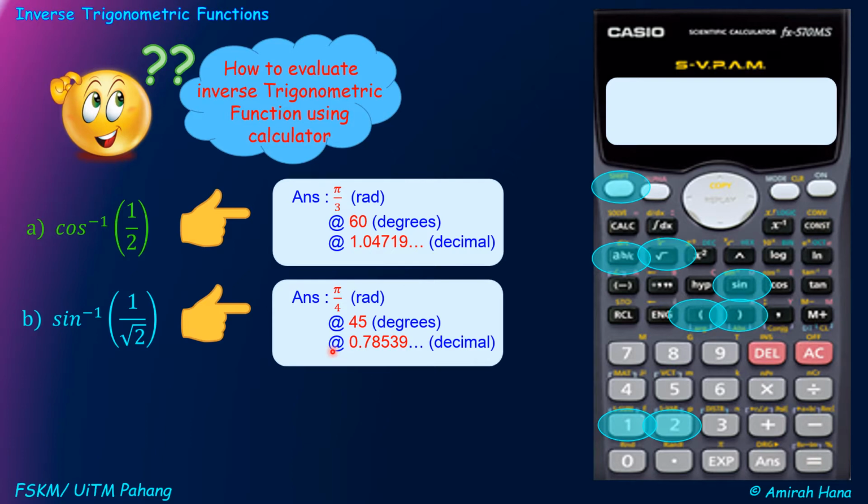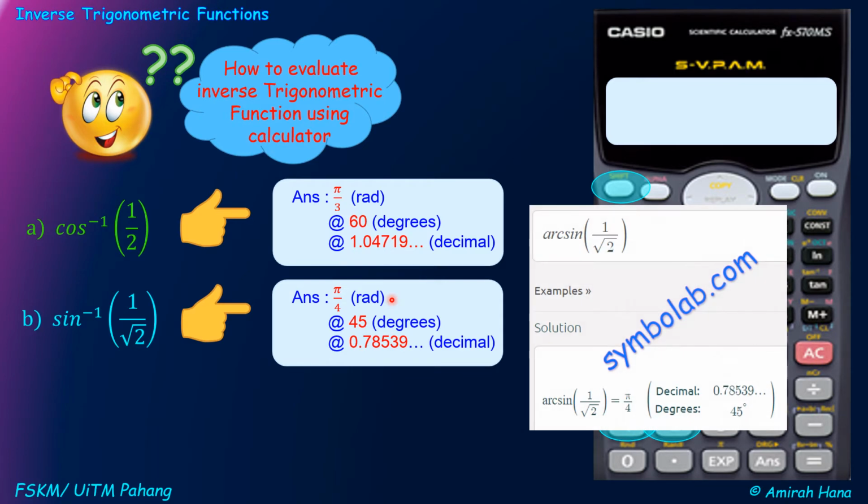The answer, if we set in mode radian, we will get 0.7853 something, or if we set in mode degree, we will get 45 degree, or pi over 4 radian. If we use symbolab.com, arc sine means inverse sine, and then 1 over sec 2, so this is the final answer.